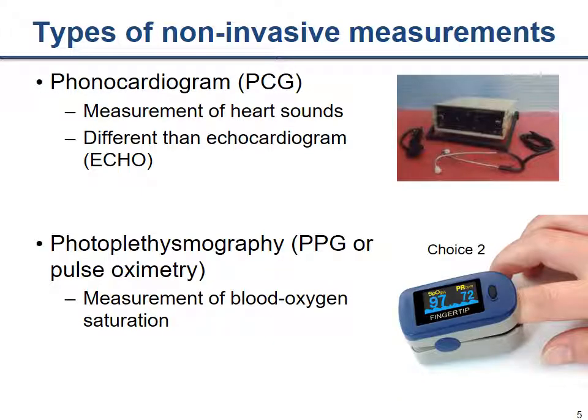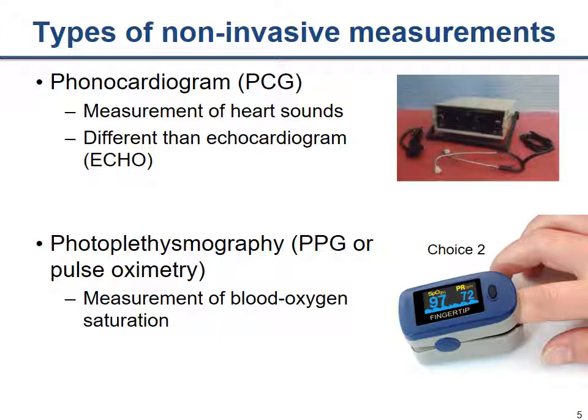There are other types of non-invasive measurements we may be interested in measuring. There's phonocardiograms, or PCG. This is recording heart sounds resulting from the vibration of the opening and closing of the heart valve. This is a little different than echocardiogram, by the way, just keep that in mind.